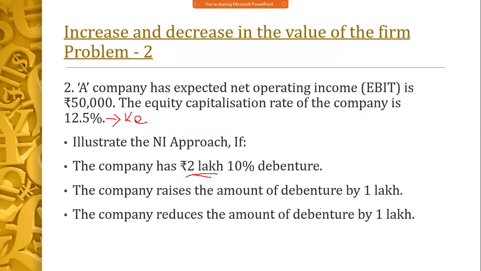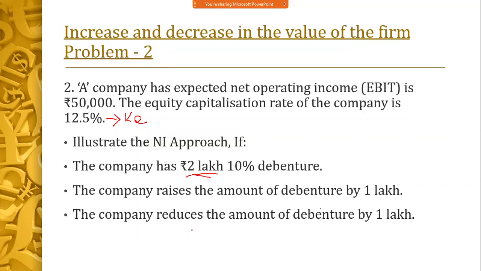So it is a total amount which has been taken by the company, and the total debt that they have taken is rupees 2 lakh. Now they have 2 lakh of debt and debentures. Now it attracts an interest of 10% on the entire amount. That is the first scenario.